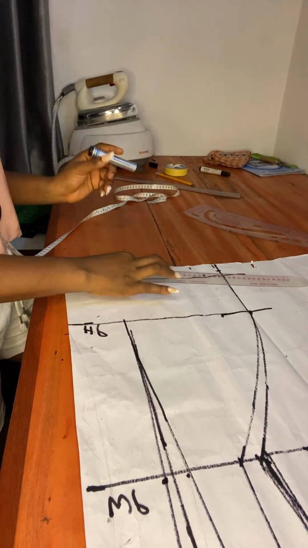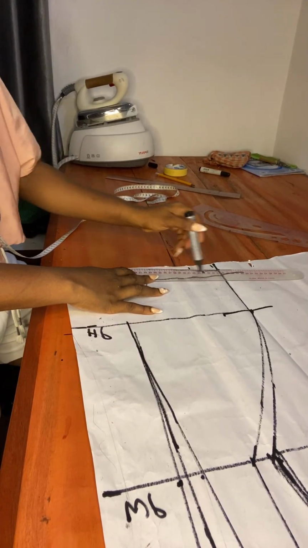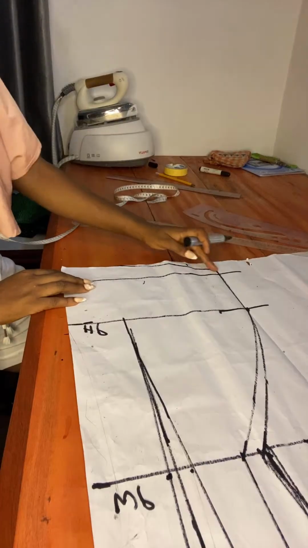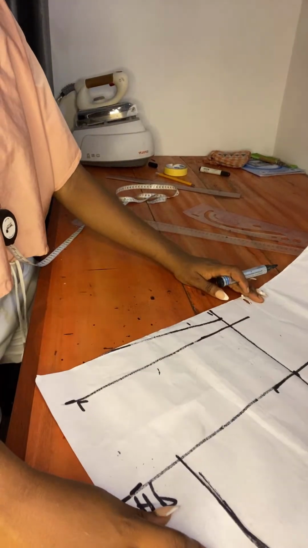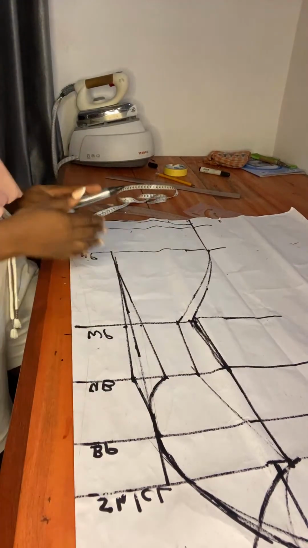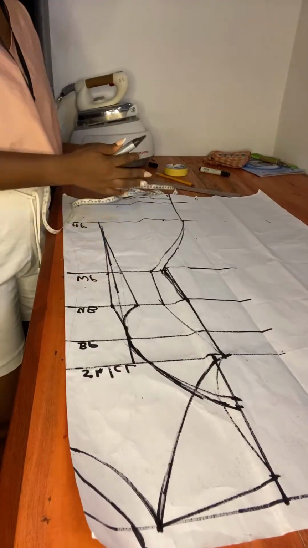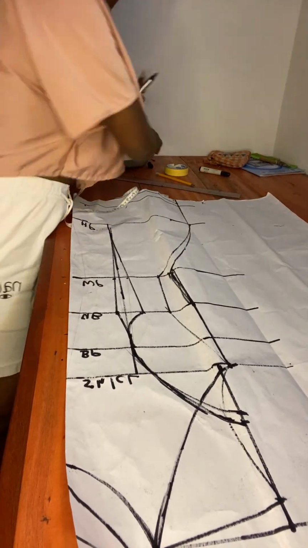I hope you can see what I'm doing. I just connect like this back, giving it a basque effect. Okay, so this is basically what you need to achieve that particular style.